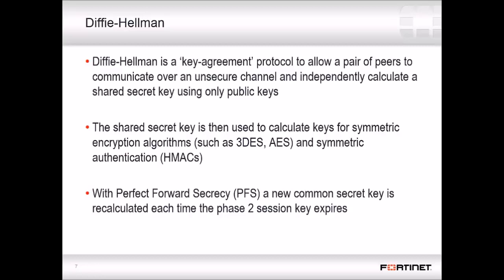The common private key is then used to calculate additional keys, which are the ones used for symmetric encryption and authentication. The standard also specifies a mechanism called perfect forward secrecy that uses Diffie-Hellman to recalculate a new common secret key each time the Phase 2 session key expires. We will see in the next slide what Phase 1 and Phase 2 are.